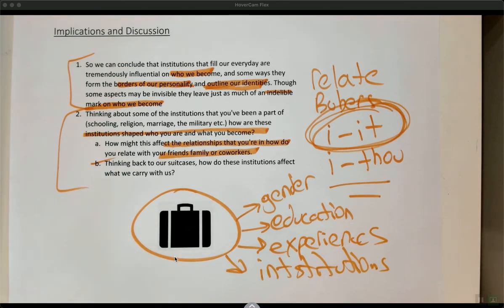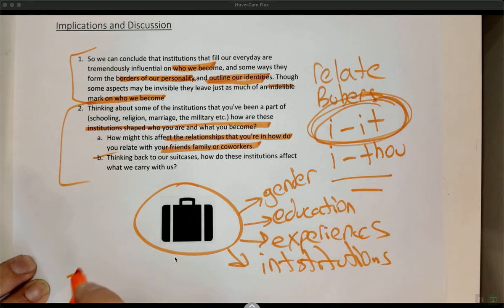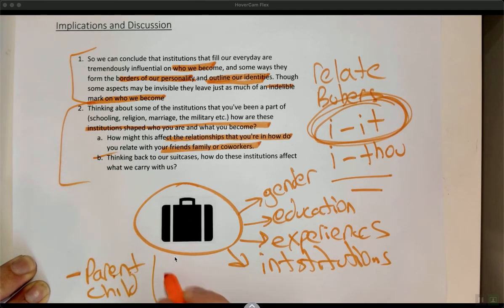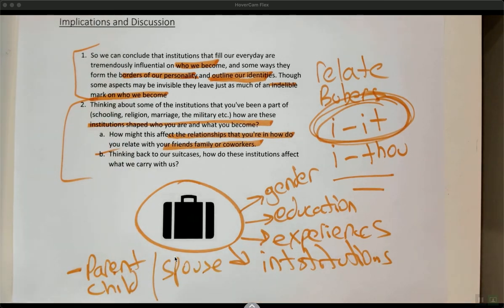How do these institutions affect what we carry with us? Not only what we choose to carry with us, but how we carry ourselves, and the implications for what that means for our primary relationships. So what does that mean for being a parent? What does it mean for being a child, a good spouse or partner? What does that mean for our primary relationships?